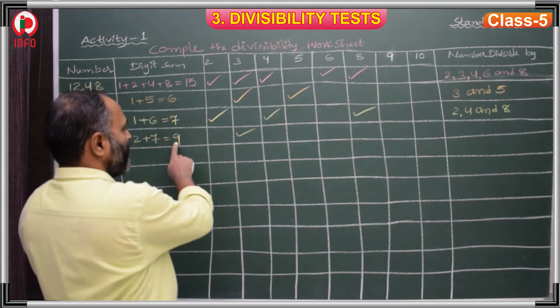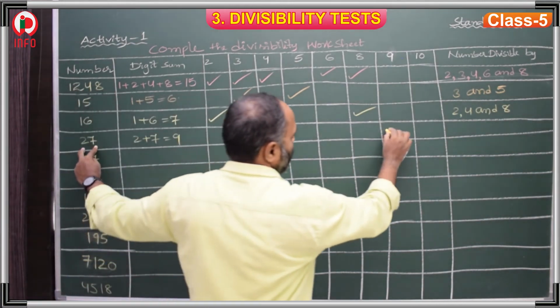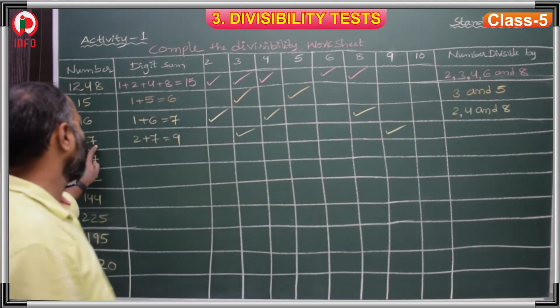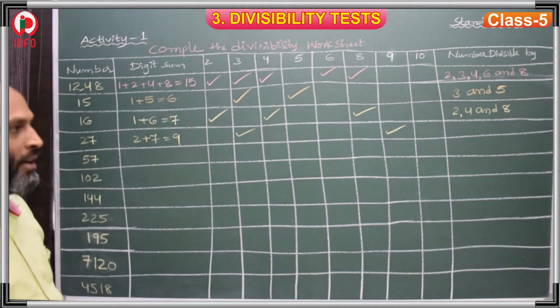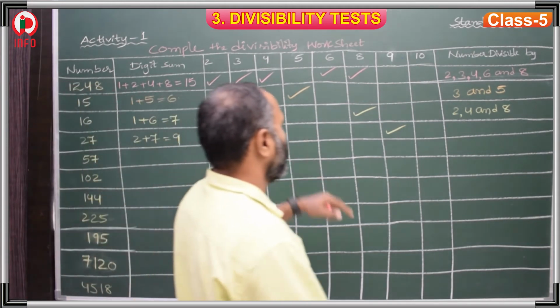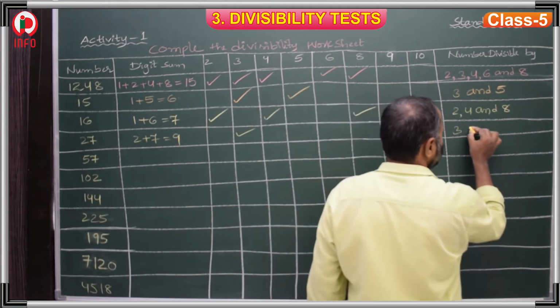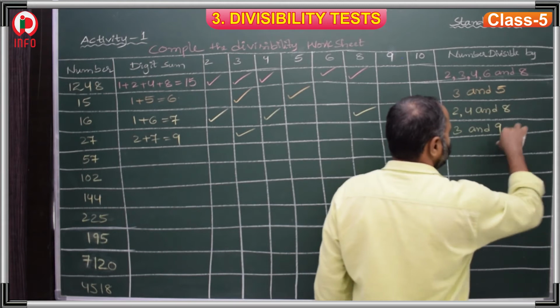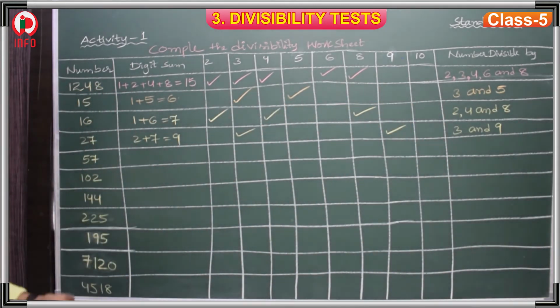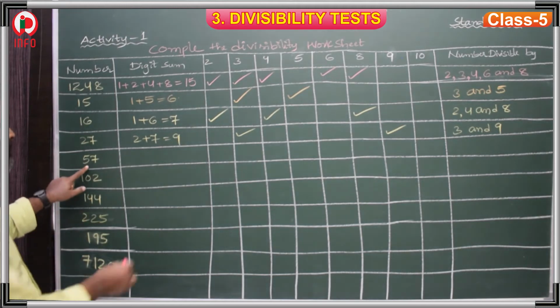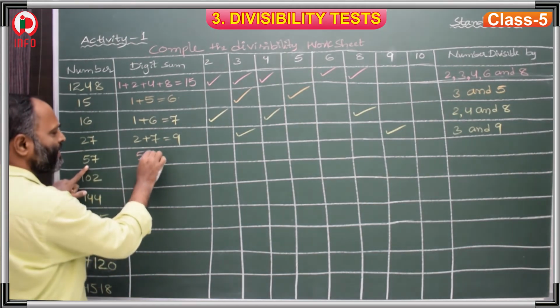In 8, it won't come. Then 9, it comes: the sum of the digits is 9, so it is in the 9 table. In the 10 table there is no 0 in the last place, so it is not divisible by 10. So only 3 and 9. In these 2 tables only it will divide.